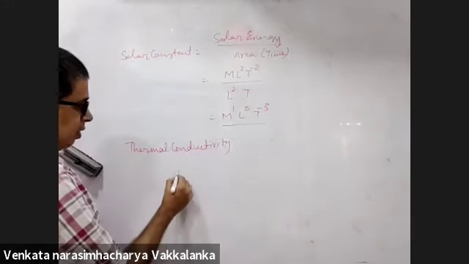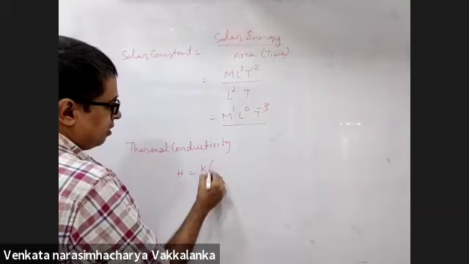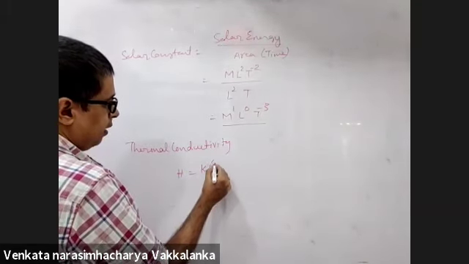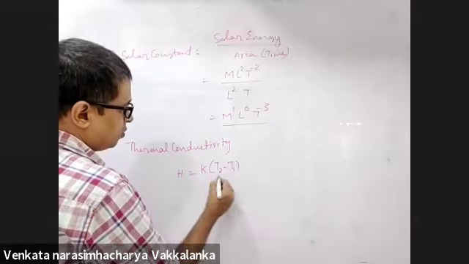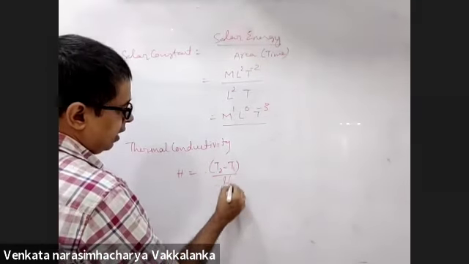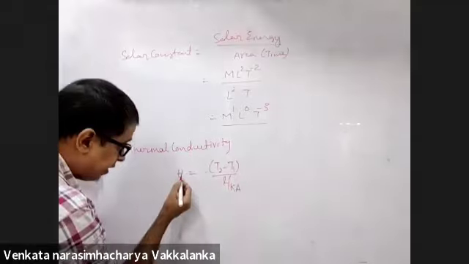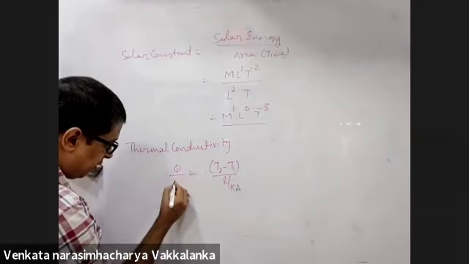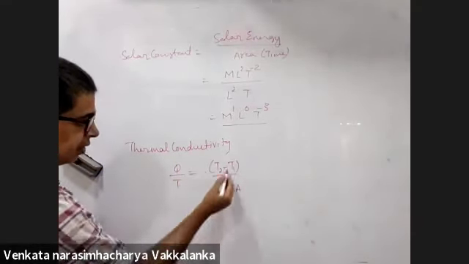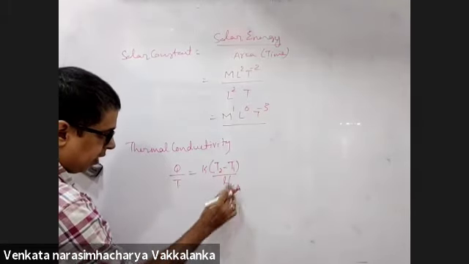of dimensional formula. Heat current is K into T2 minus T1 divided by L by K. Heat current. This is quantity of heat per unit time. Right?